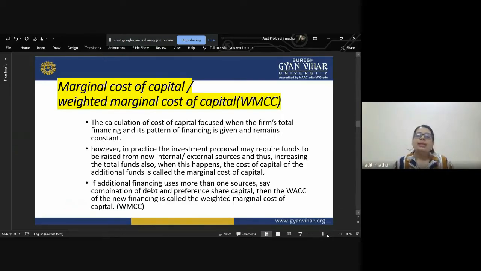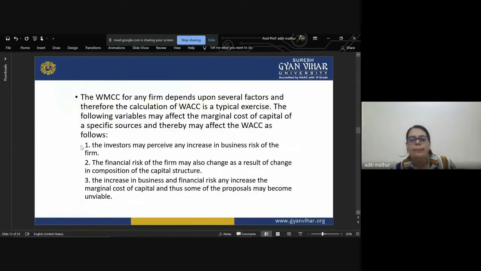So there are many cases when the firm borrows new money to take into consideration new projects. And when we borrow new money, at that time we use the weighted marginal cost of capital. So let us start solving the question.